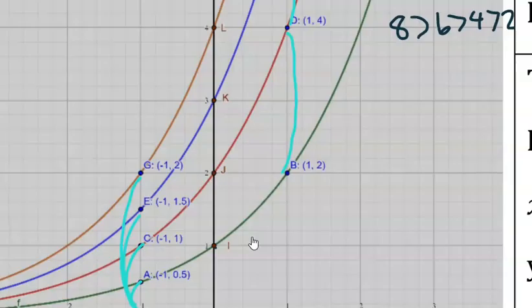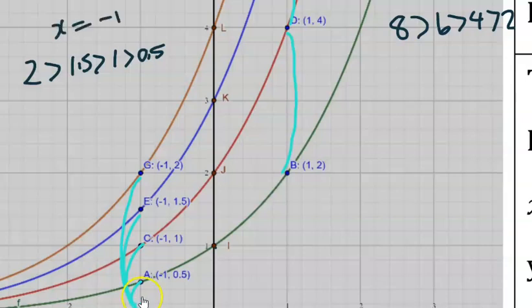But again, for the orange graph, we have 2 is greater than 1.5, is greater than 1, is greater than 0.5. So on the left hand side, for x equal to minus 1, the y value of the orange graph is larger than the y value of the blue graph, the red graph, and the green graph.